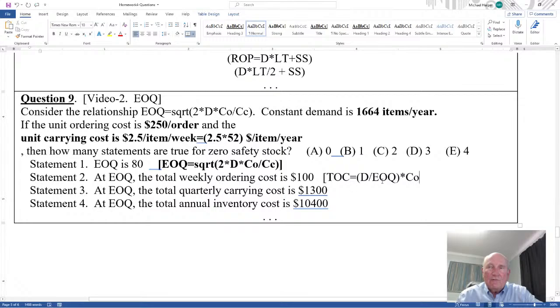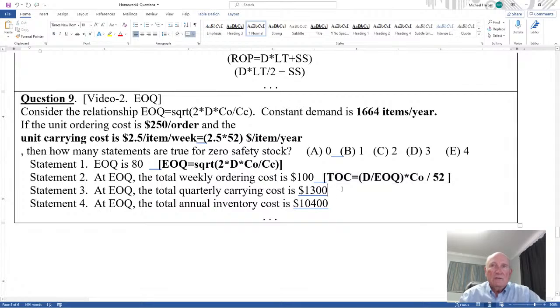So demand over EOQ times C sub O. If I use this demand up here, right here, that's my total ordering cost per year. Okay. And if I want to know what my total ordering cost per week is, then I would just divide by 52. That's all you do.